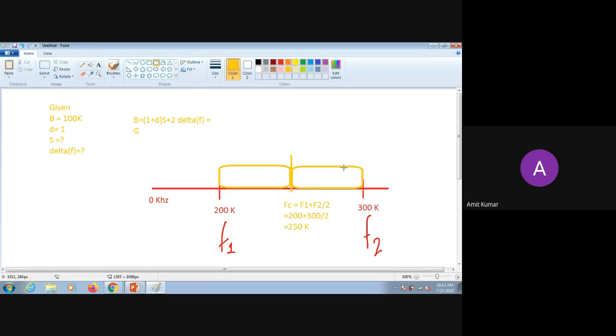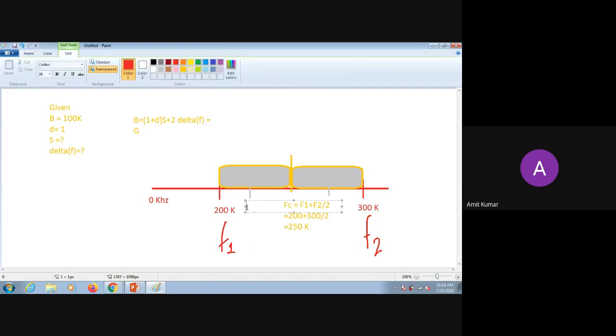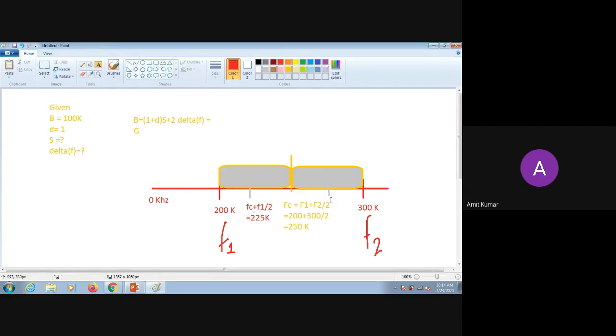The mid frequency of these two signals, one here and the second here, can be given by Fc plus F1 divided by 2. So this equals 250 plus 200 divided by 2, that means 450 divided by 2, so 225K. The center frequency here is 225K.